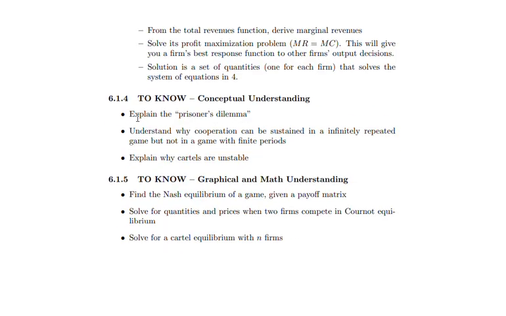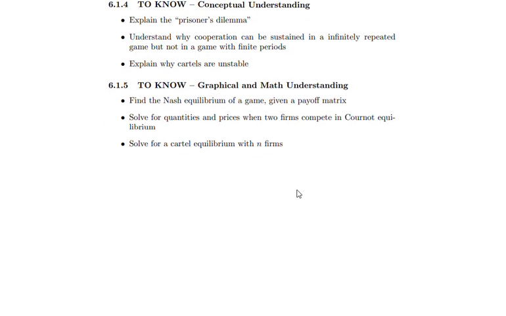You need to explain the prisoner's dilemma, and understand why cooperation can be sustained in an infinitely repeated game, but not in a game with finite periods. Just like the tit for tat strategy we have been talking about in game theory. You need to explain why cartels are unstable, because trust is a big problem.